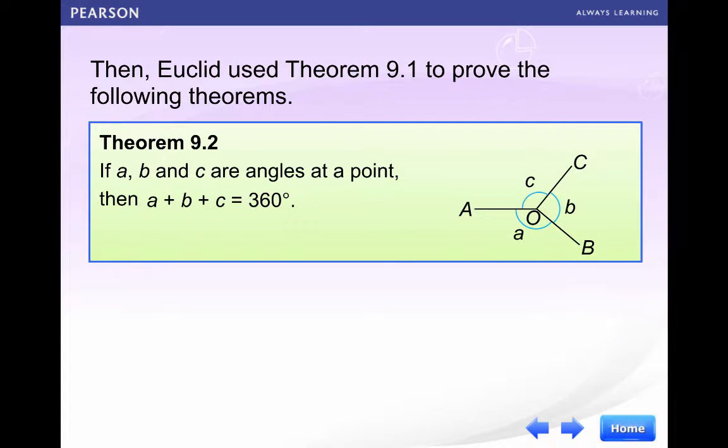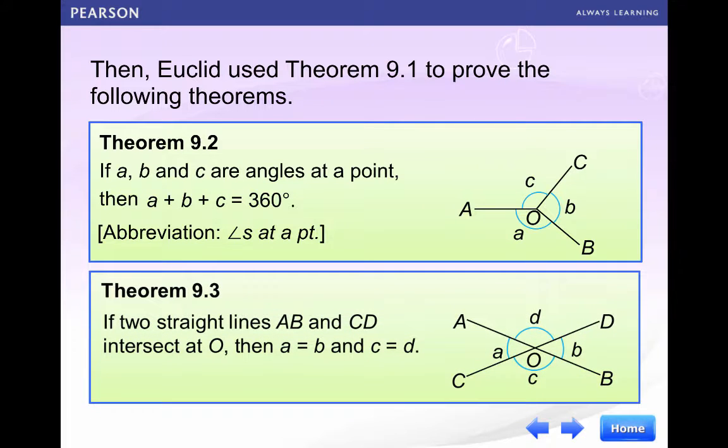By using adjacent angles on a straight line, Euclid also proved theorem 9.2. That means if there are some angles, let's say a, b, c, at a point, then the sum of these angles will equal 360 degrees. We call this angles at a point.